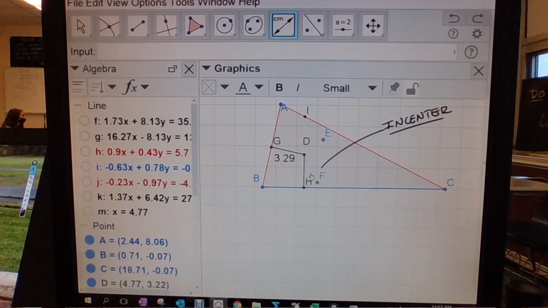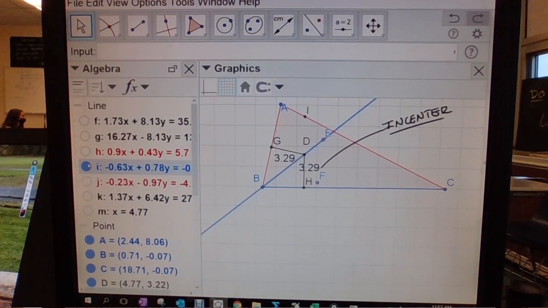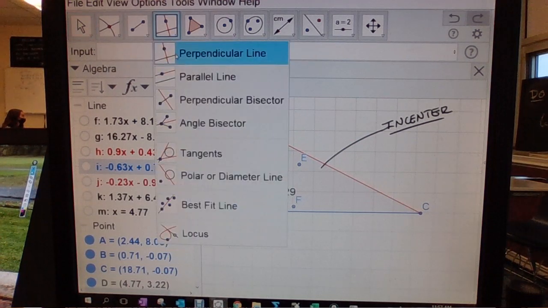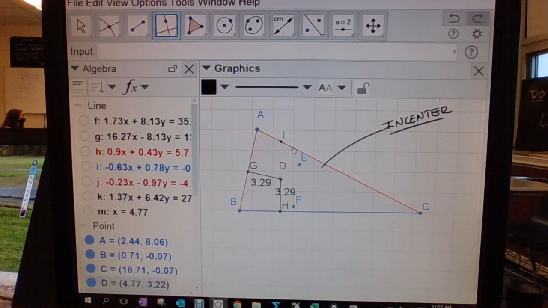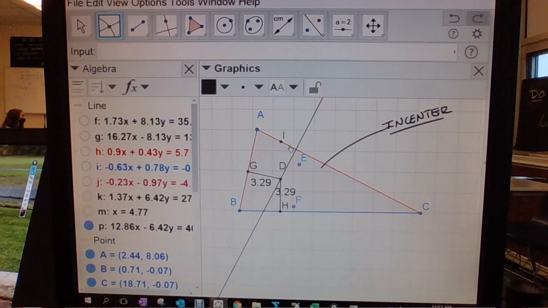So hopefully that shows you that that point is at least the same distance because it's on this blue angle bisector. It is the same distance from the two sides of the angle that the blue line bisects, right? Now I'm going to find the distance from D to that line. Find the intersect point.